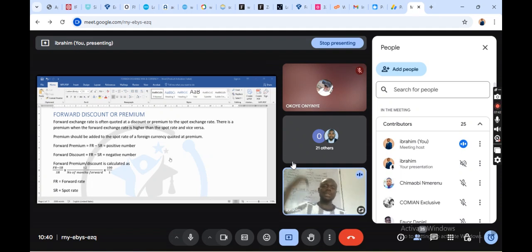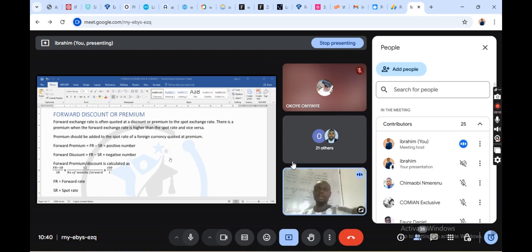Now, let's say the exchange rate as of today is 1,400. Then the forward rate could be 1,600. That is a premium, because the forward rate is higher than the spot rate.